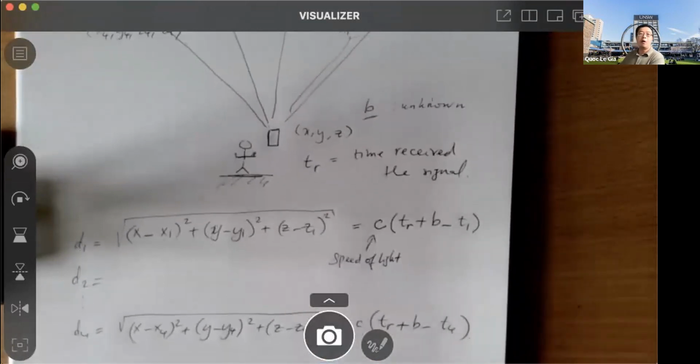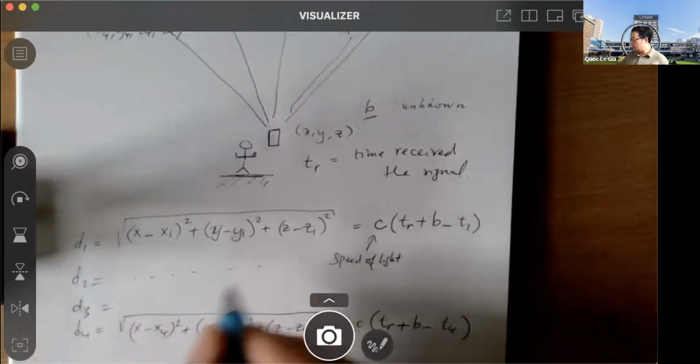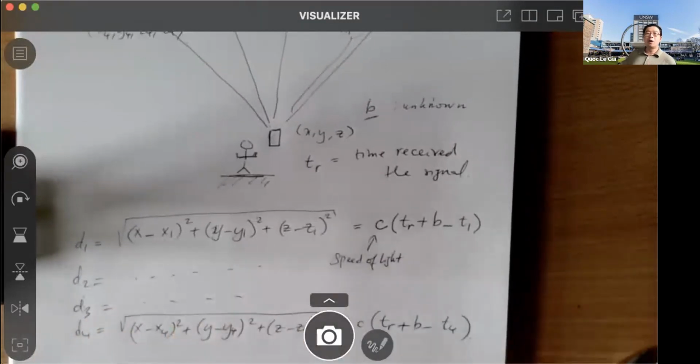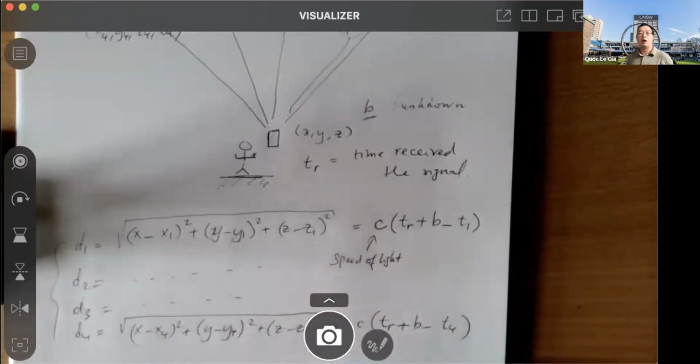So you have 4 unknowns and 4 equations. That's why you need to connect to 4 satellites. And then it solves the equations for you very fast inside your mobile phone. Then it will map the coordinates to Google Map, and pinpoint your location on the map.